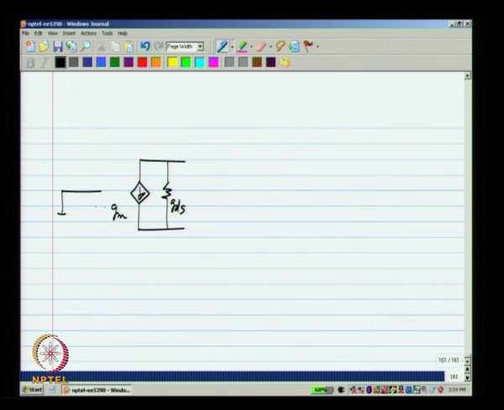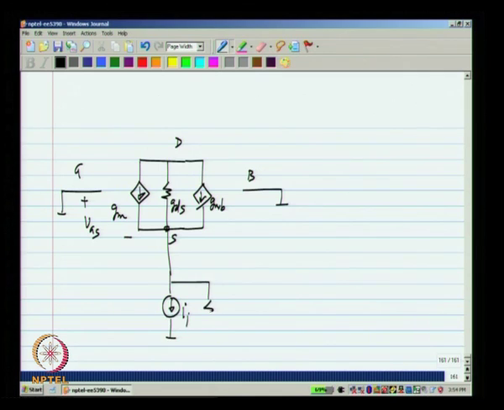I will just say Gm, but it means that it is multiplying VGS, and similarly I also have GMB, okay, and the bulk is at ground as well. This is bulk, source, drain and gate, and normally I apply my input current here. It will have some internal resistance Rs, and there will be a load resistance over there.